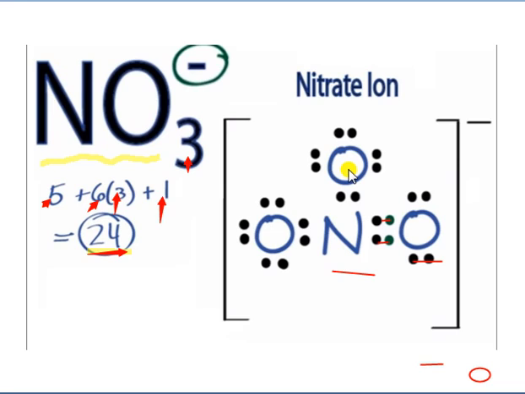Out of 7 valence electrons, it will share its 1 electron and nitrogen will share its 1 electron, and it will form a single bond between oxygen and nitrogen. Now comes the third oxygen atom, which has 6 valence electrons.